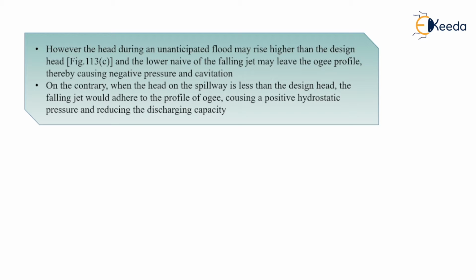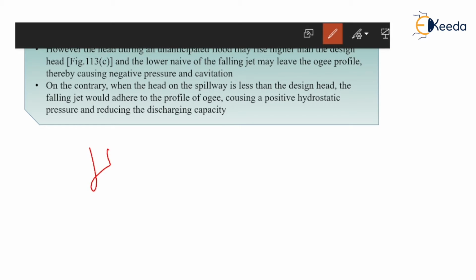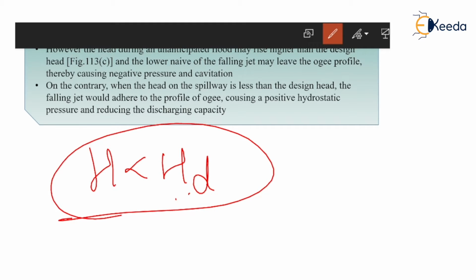On the contrary, when the head on the spillway is less than the design head, we should adopt this condition, keeping the head always lesser than the design head Hd.